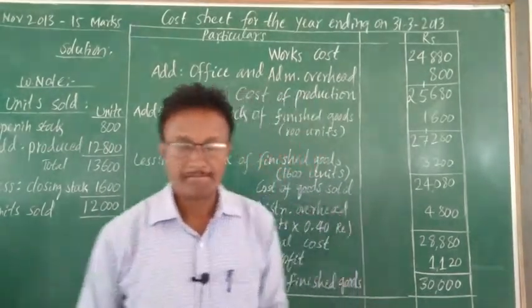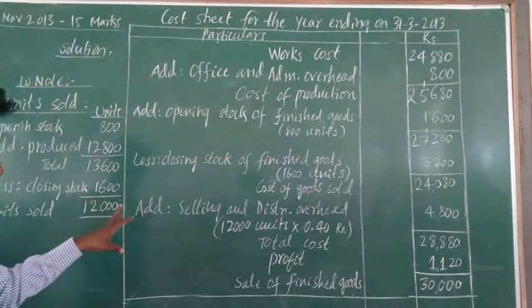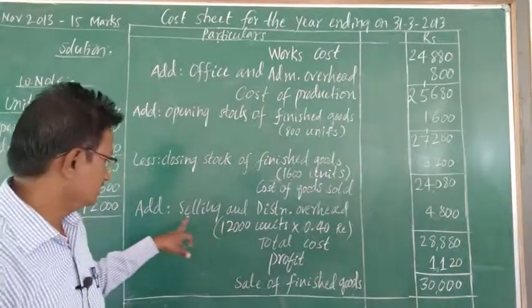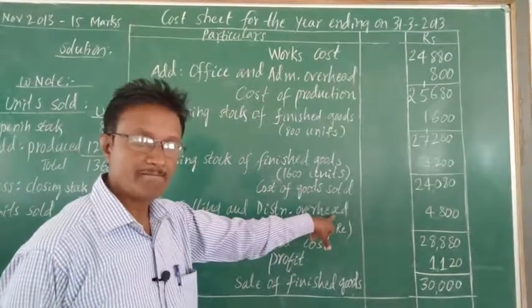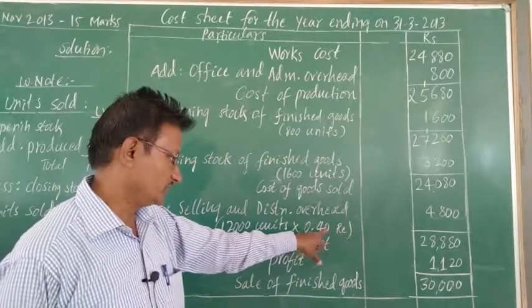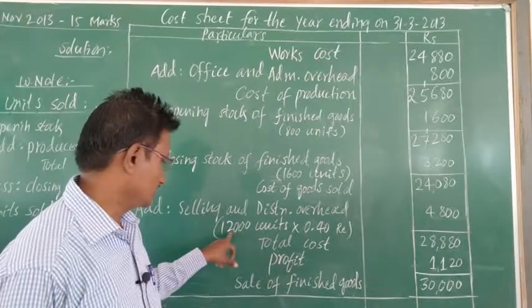So here the hidden figure, that is units sold, is 12,000 units, and add selling and distribution overhead, that is per unit is 0.40 rupee, into 12,000 units.